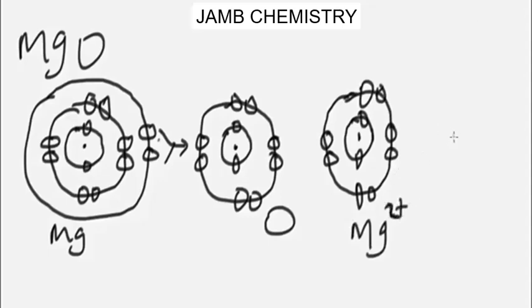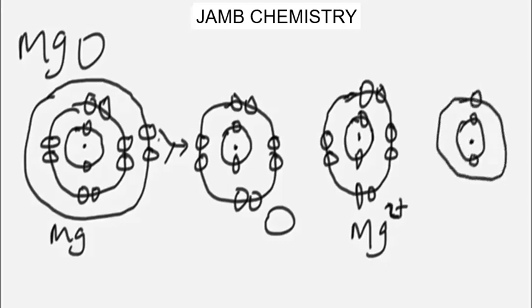Whereas our oxygen ion, or oxide ion, will be something like this. This is the first shell. Instead of having 8 electrons, it now has 10 because it received an extra 2 from magnesium. So this is basically what's happening here, guys.